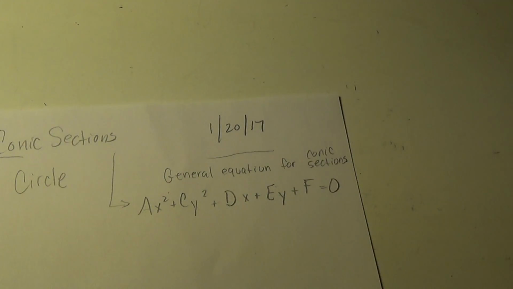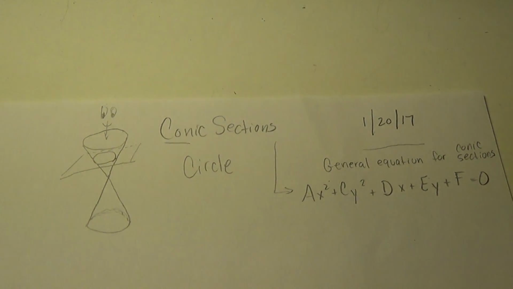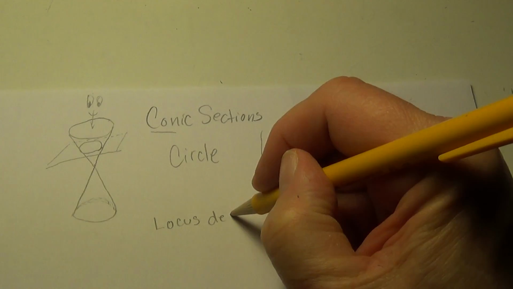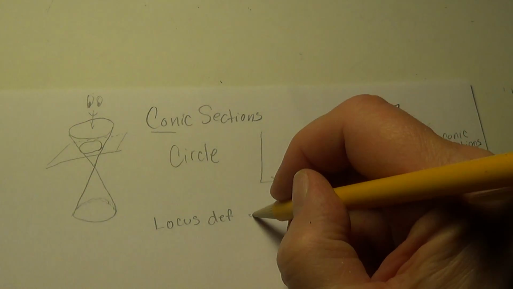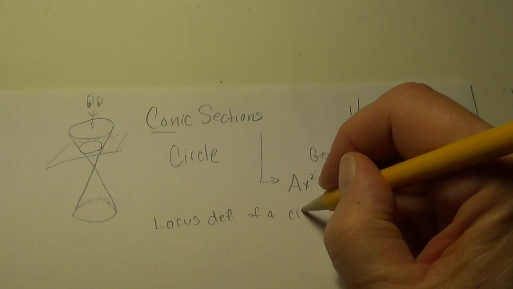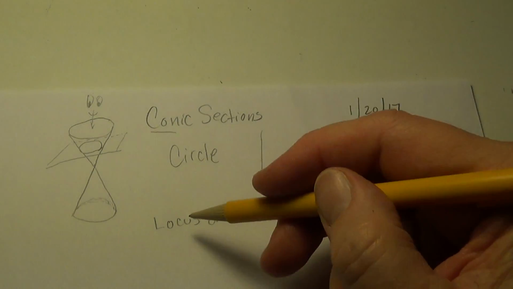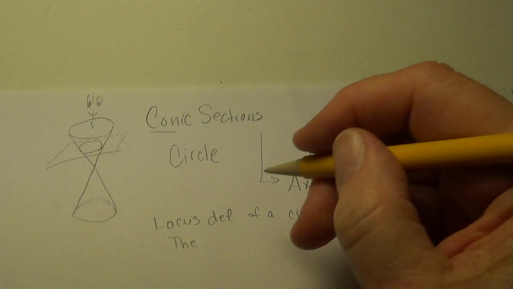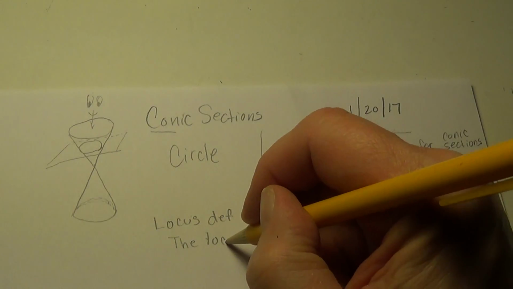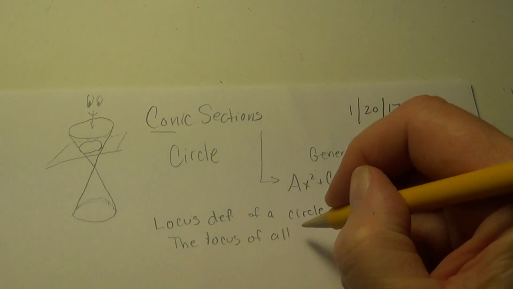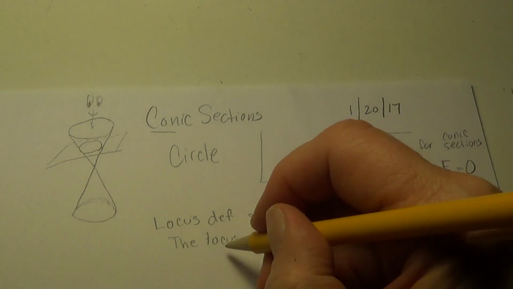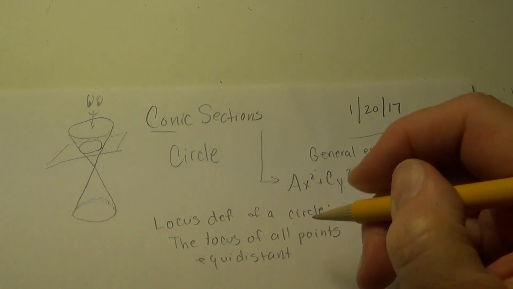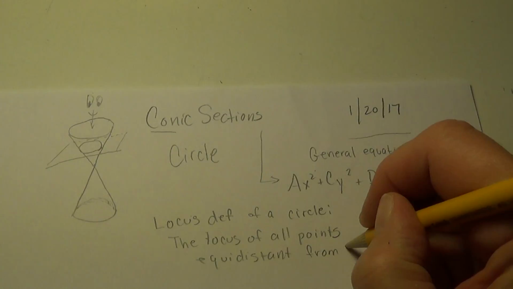All right, so we're going to start with the locus definition of a circle. And I'll tell you a little bit about that word after I write it out. The circle is the locus of all points equidistant from a given point.